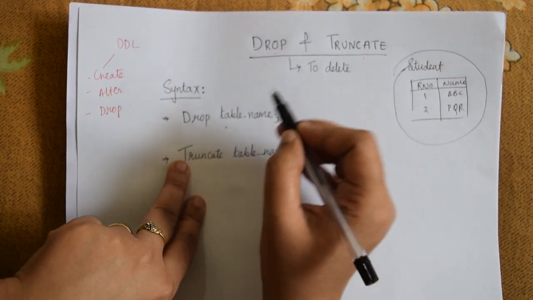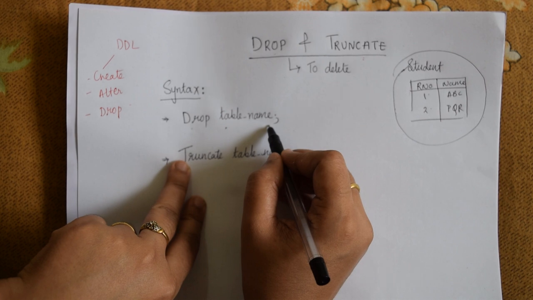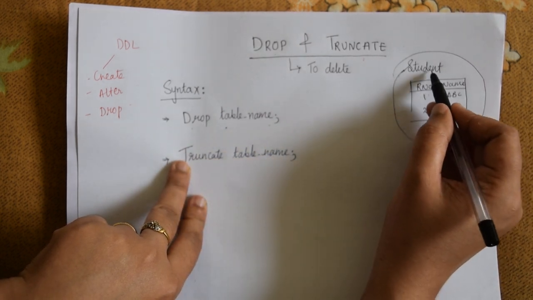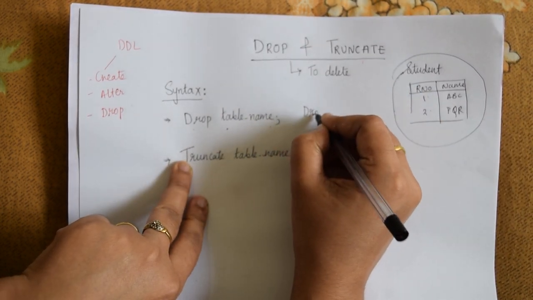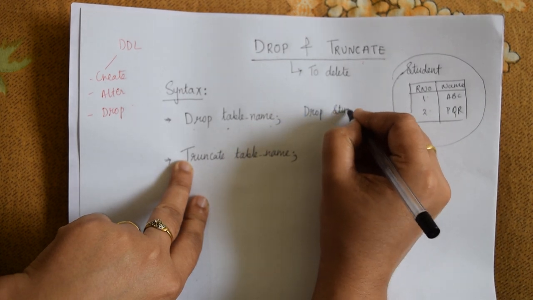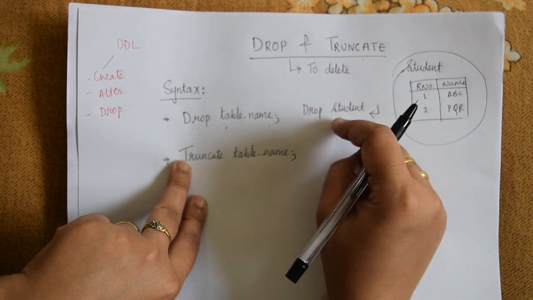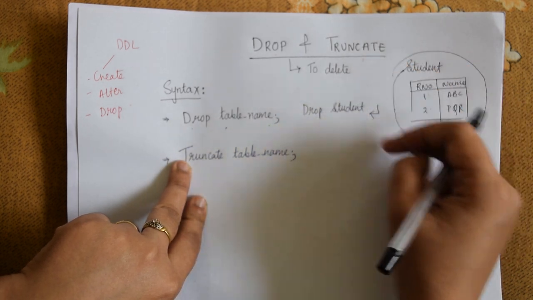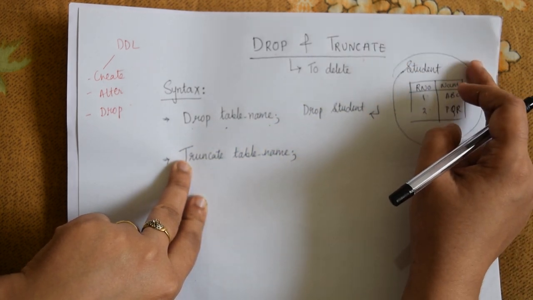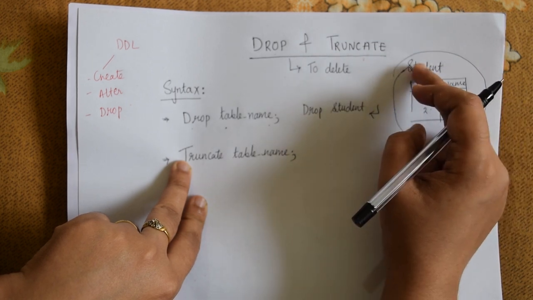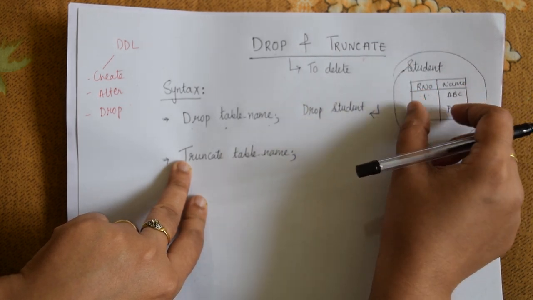Okay, the syntax for drop is drop table name. So to delete the student table, I will write here drop student. Okay, so after execution of the drop command, your student table will get deleted. Okay, so your database does not have the student table now.